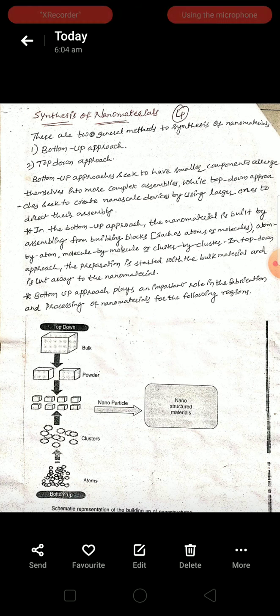In the top down approach, a larger component is converted into smaller particles. That is called the top down approach.